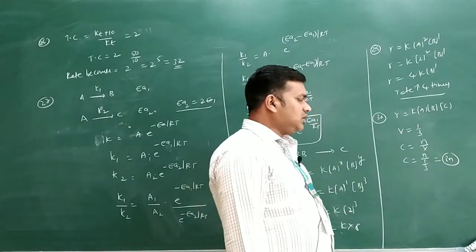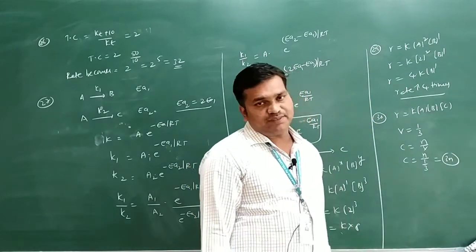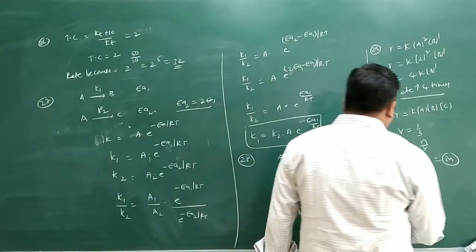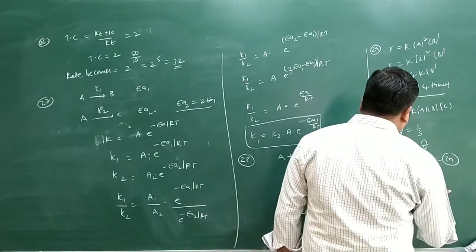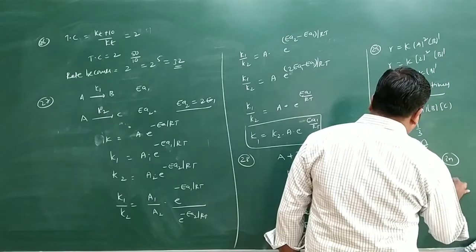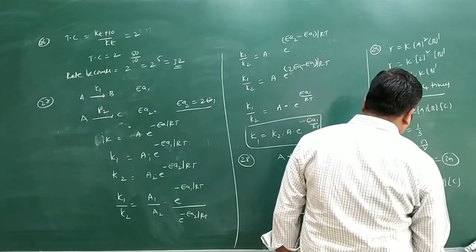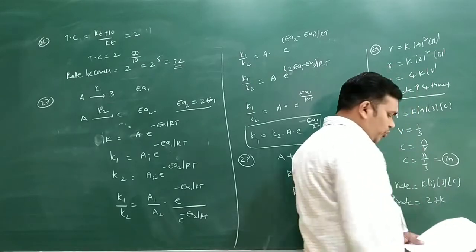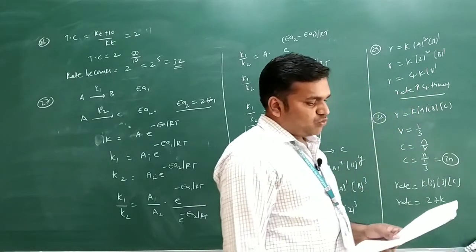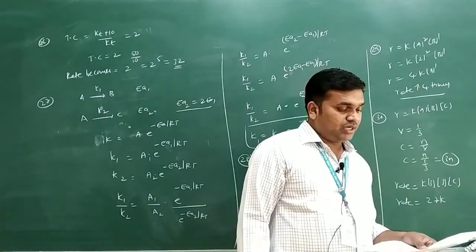Volume is decreased to 1/3, and the number of moles increased by 3 times. So we take rate is equal to K into 3, 3, and 3. Then we get 27K. Rate increases by 27 times. So this is question number 30.